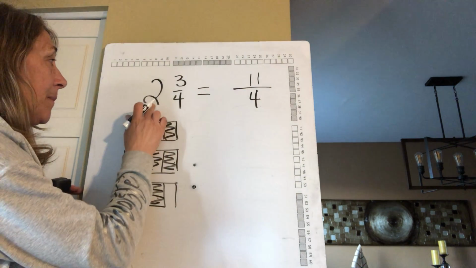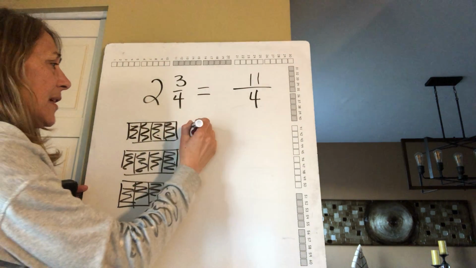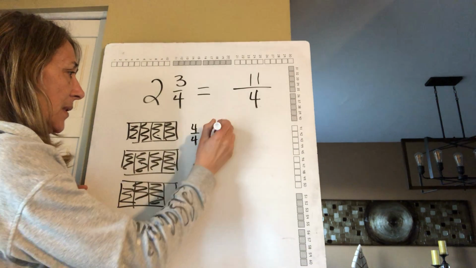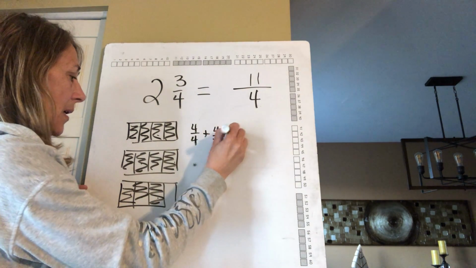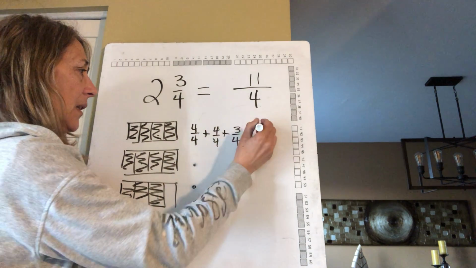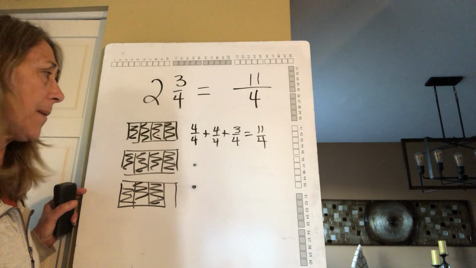What does that mean? 2 wholes would be the same thing as if I did 4 fourths plus 4 fourths plus 3 fourths. 4, 8, 11 fourths.